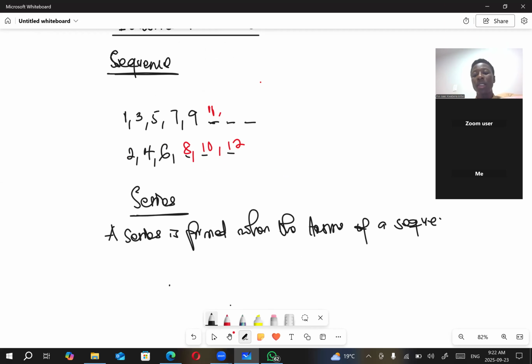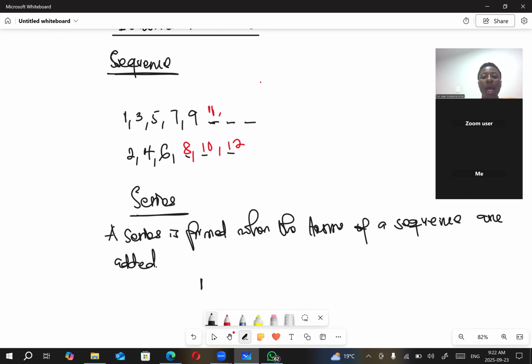It's formed when the terms of a sequence are added. I'm waiting for you guys. Okay. So now you can see my screen, right? So what you see above, 1, 3, 5, 7, 9, was a sequence.